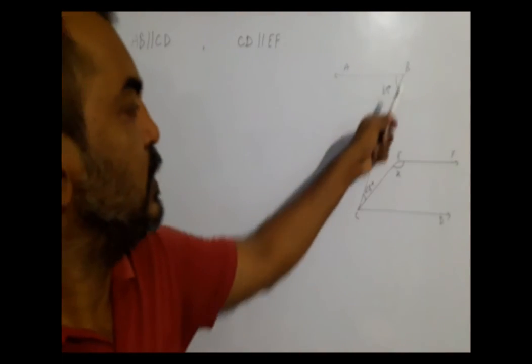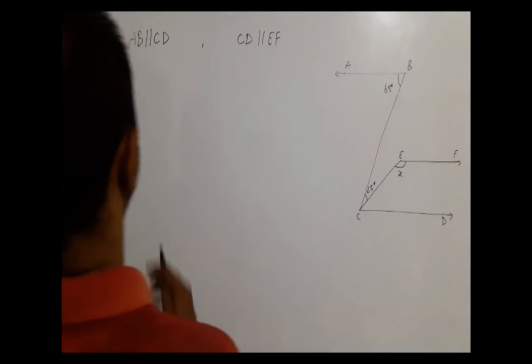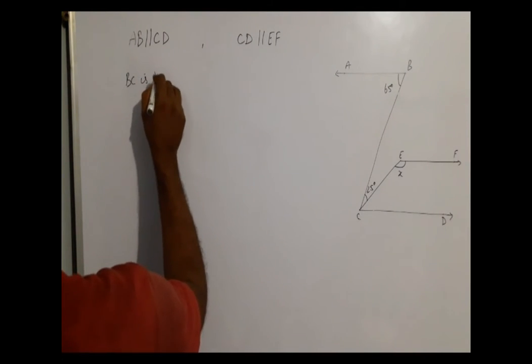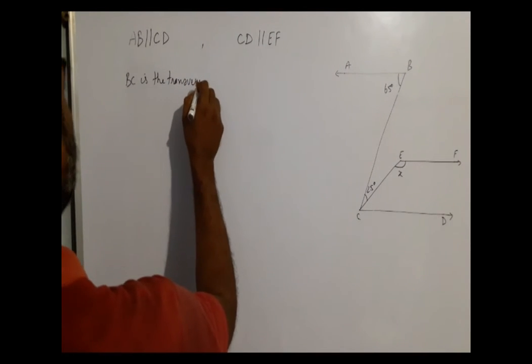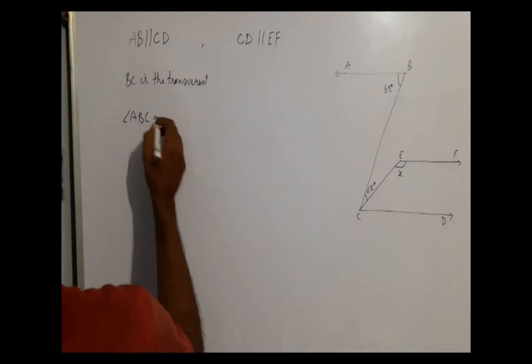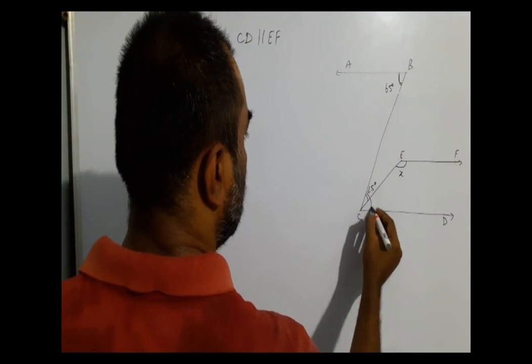We are given AB is parallel to CD, so we'll take the transversal as BC. Very important to write which is the transversal. Now angle ABC equals angle BCD.